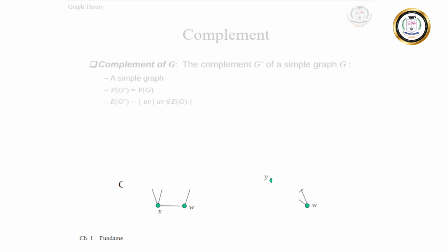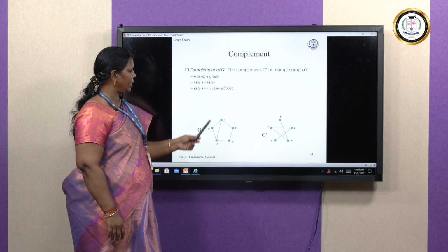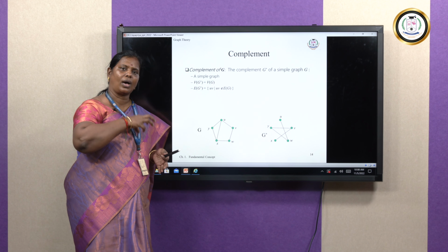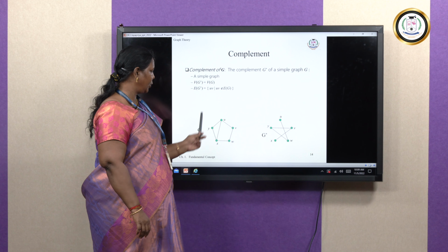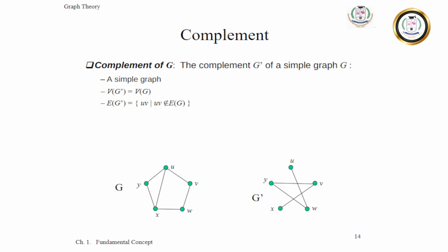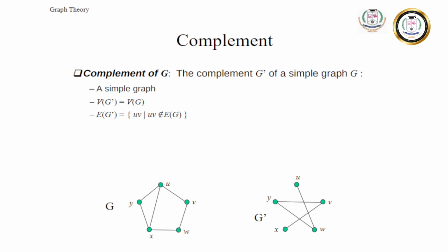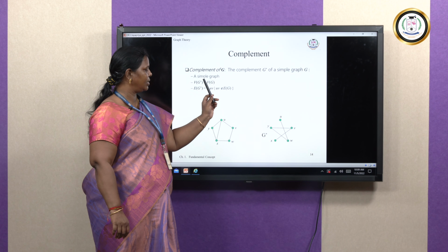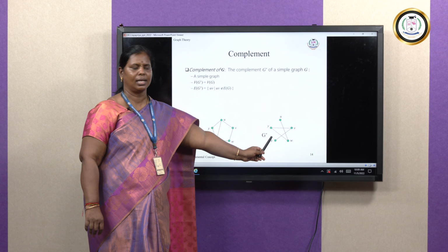Now, let us peep inside the meaning of the complement of a graph. Here is an example. You take a graph G, and we draw another graph by looking at G. We try to give the connectivity: if U and V are connected, we are not going to connect U and V. So complement of a graph means all the vertices in G will be there in G complement.